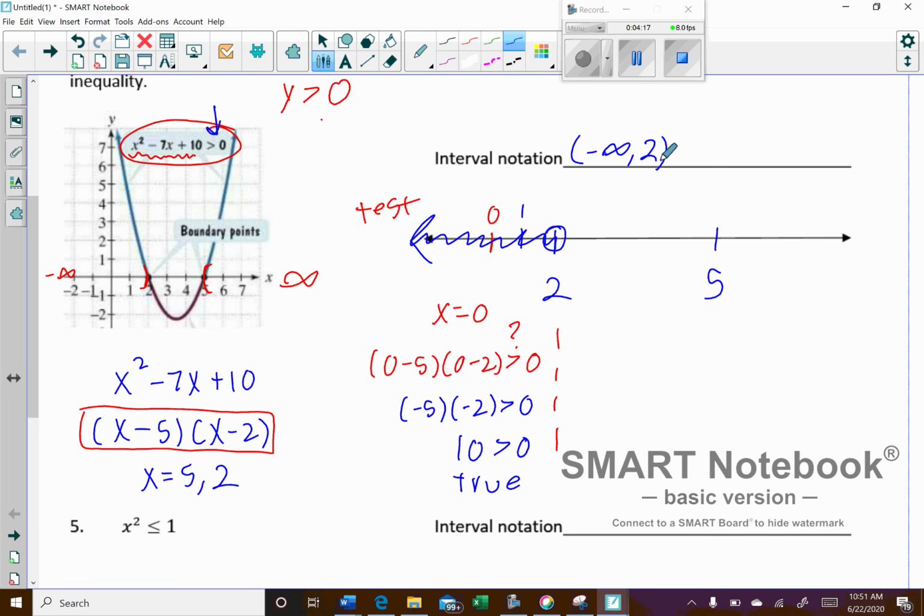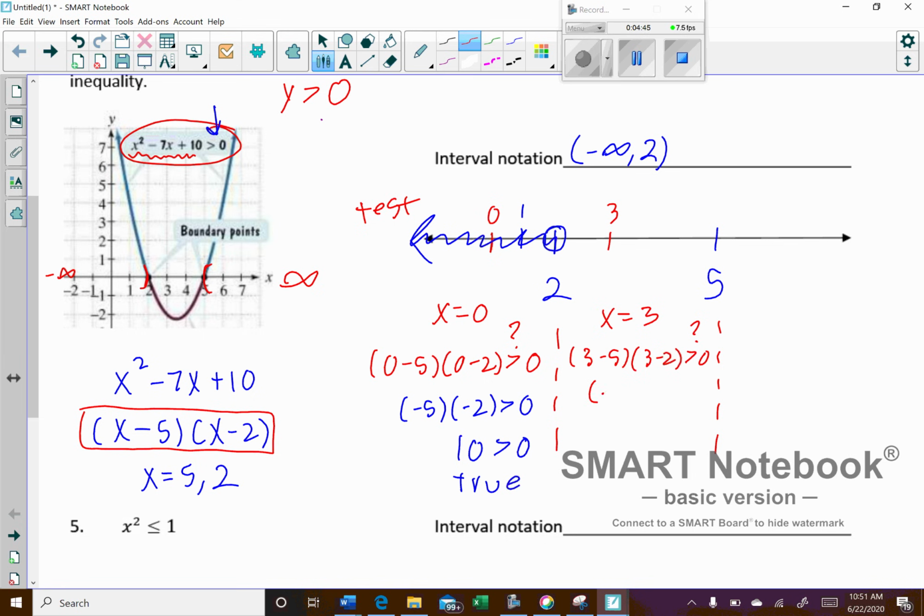Then we have to check the other intervals. You could plug in 3 or 4 or whatever you want. I guess we'll plug in 3. So x equals 3. Once again, I'm going to plug it into the factored form. 3 minus 5 times 3 minus 2, is that greater than 0?